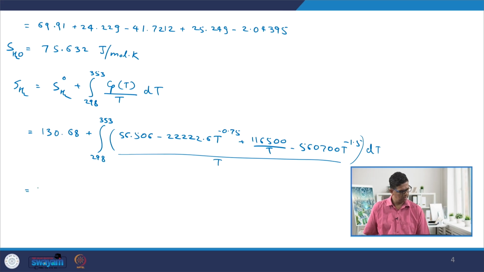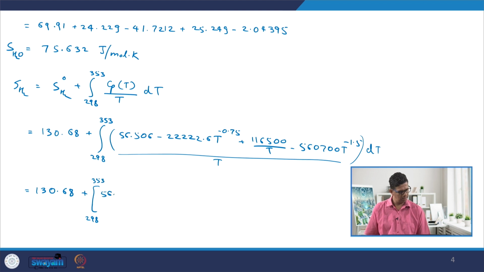So, let us go to the next step, 130.68 plus. So, let us solve this. This is over 298 to 353.